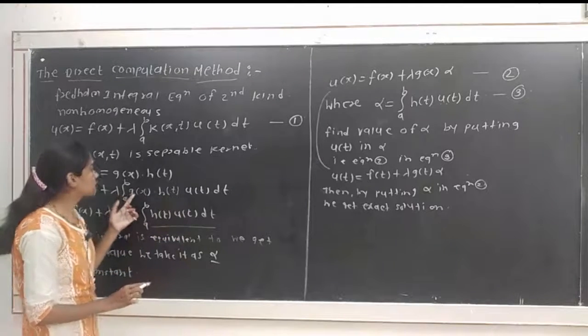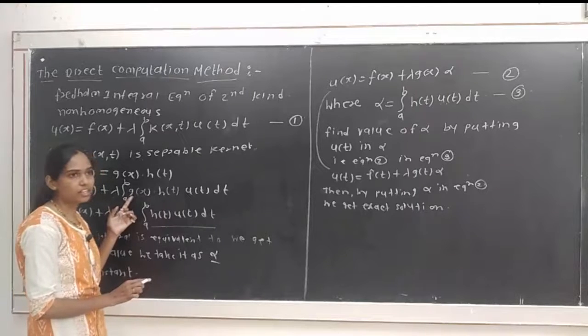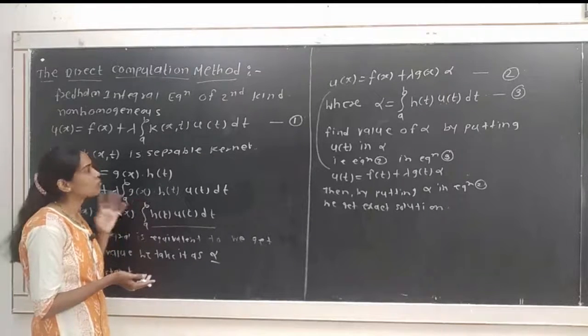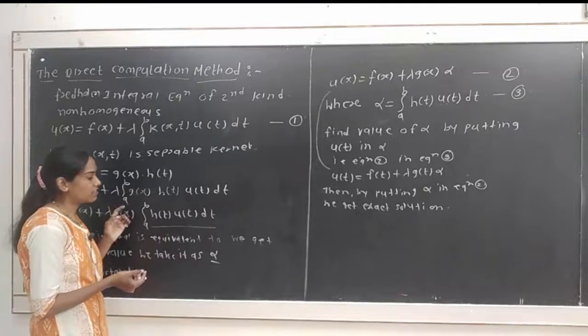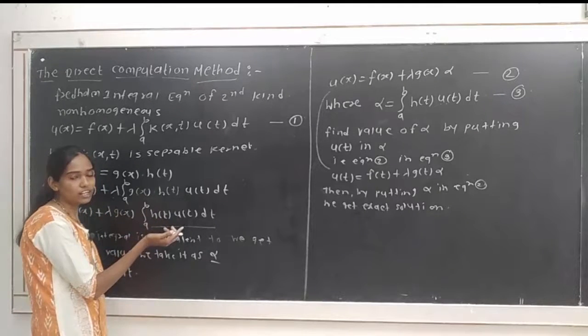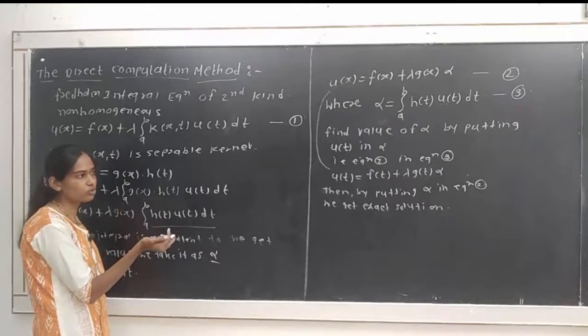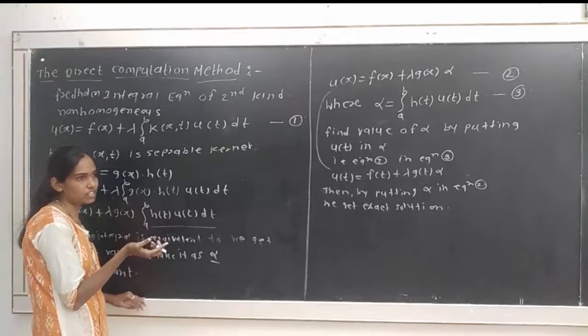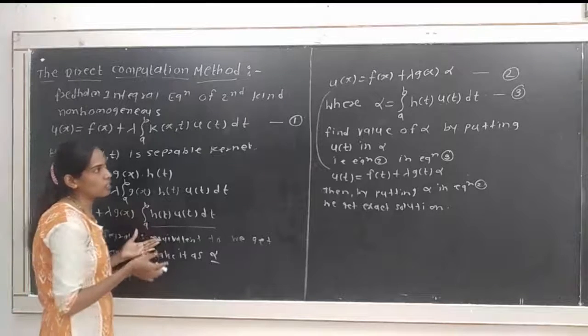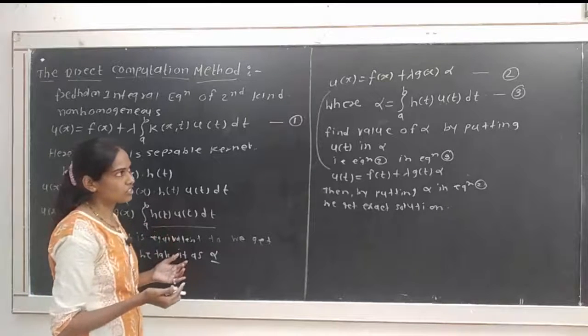If the kernel k of x t contains more than one term in terms of t, we can get more than one constant, that is, we get another constant, so we consider alpha, beta, gamma, and for that we have to get a system of equations.